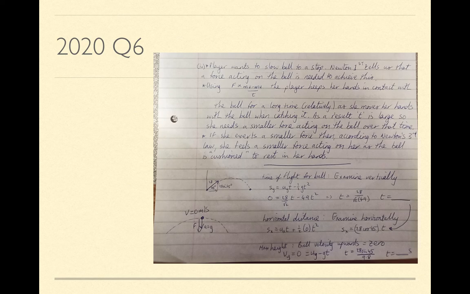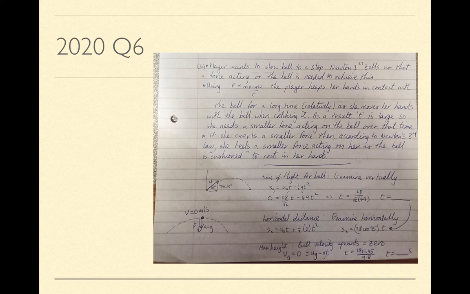Acceleration only acts vertically, so there's no acceleration horizontally, so that term drops out. U of x will be the horizontal arrow in my diagram on the right hand side. That doesn't have any numbers below it, but that's actually 28 cos 45 when you work it out. Multiply by the previous time, and that will give you the horizontal distance.